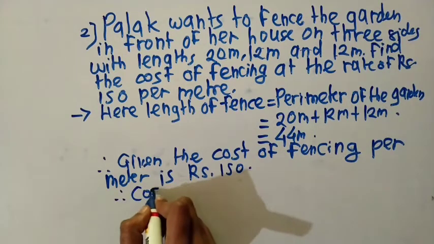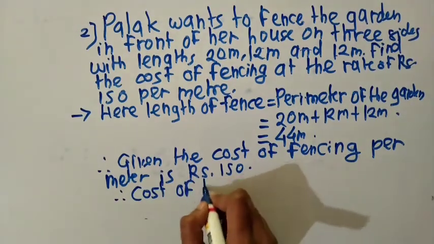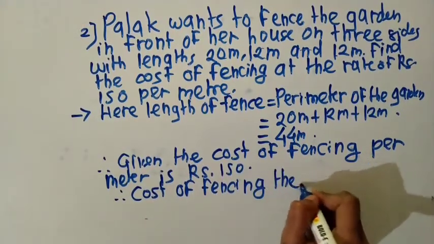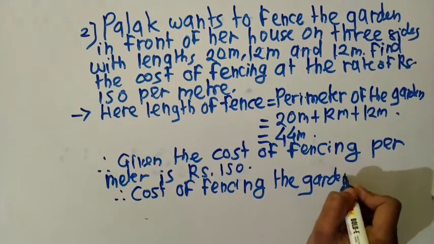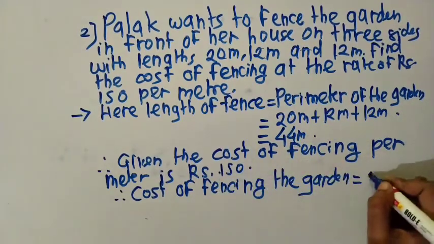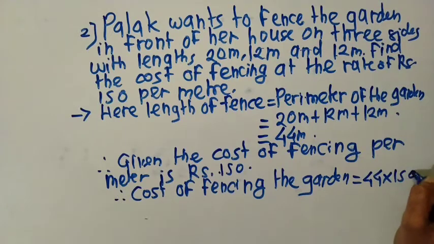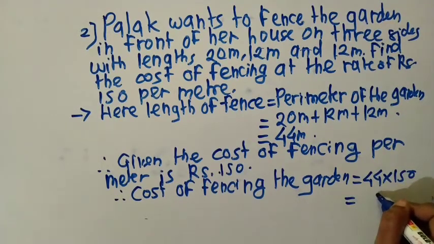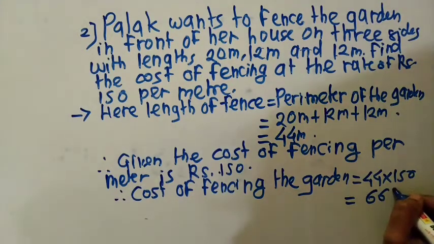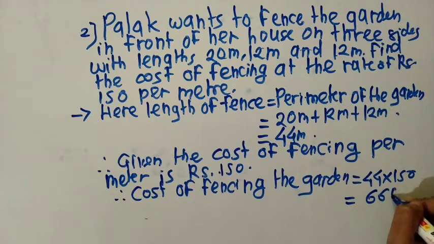Hence, cost of fencing the garden is equal to 44 into 150, is equal to 6,600 Rs.